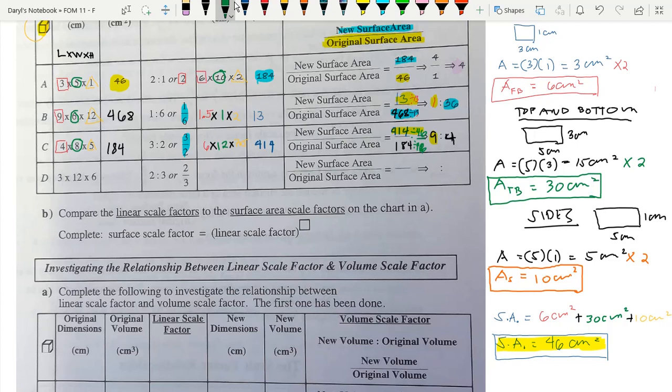So 184 divided by 46 gives me 4. So I'm getting the greatest common factor between 414 and 184, which turns out to be 46. So it gives me 9:4. So that's my scale factor, the surface area scale factor.